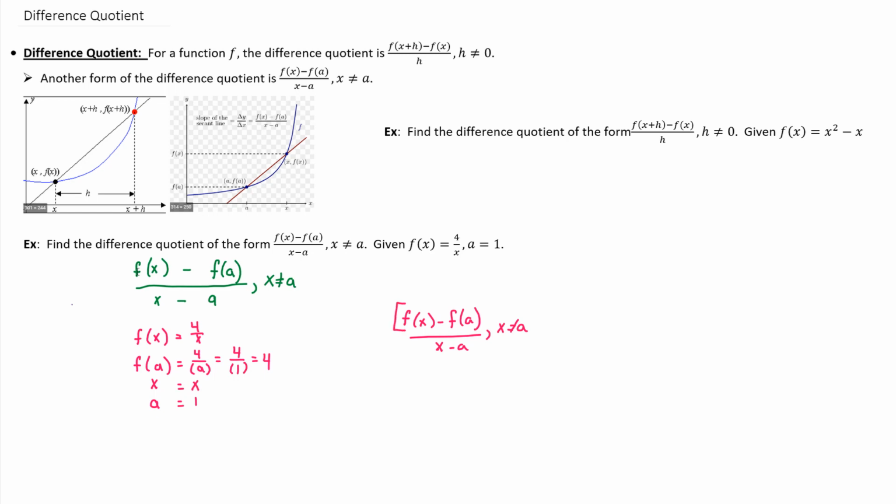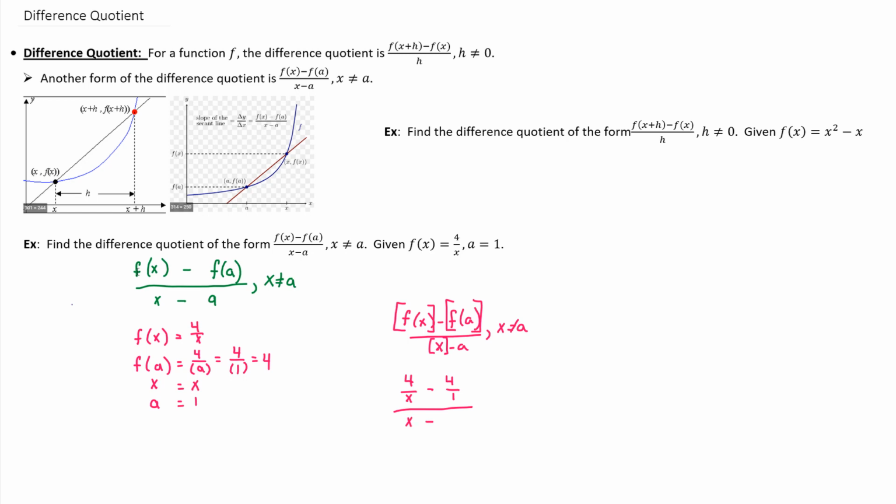So I now have all of the pieces that I need, and so I just need to plug them into my formula. So I'm going to plug in f of x first. It's 4 over x. And then I'm supposed to subtract and then plug in my second piece, which is f of a, which ended up being 4. And I'm going to write it as 4 over 1 since I have a fraction already. All divided by x, which is just x. Nothing was given for x. It's a general x.